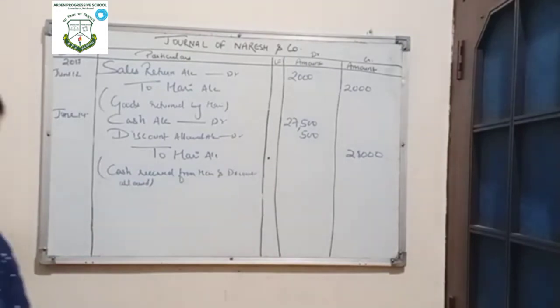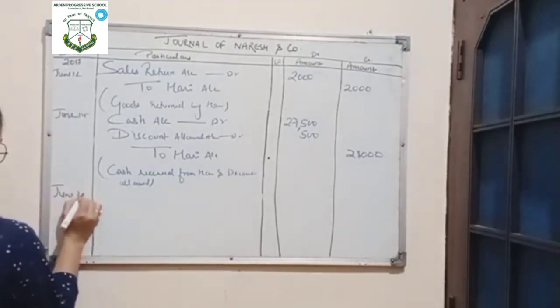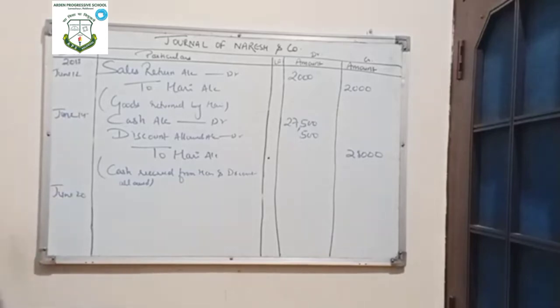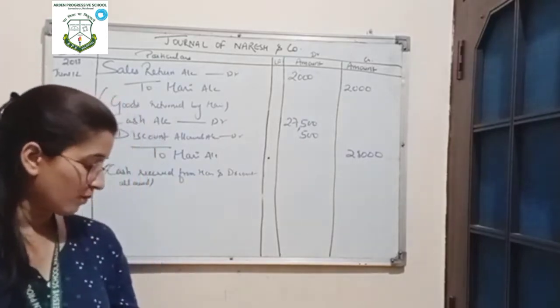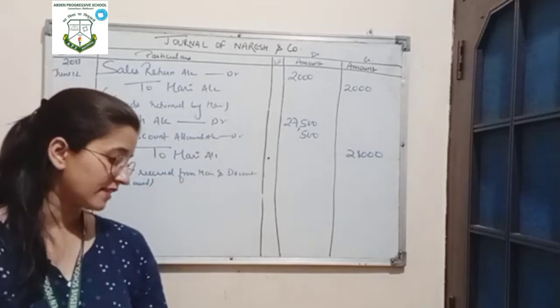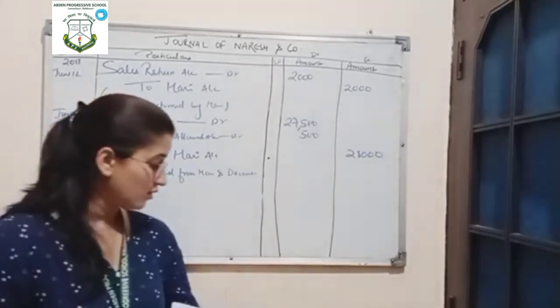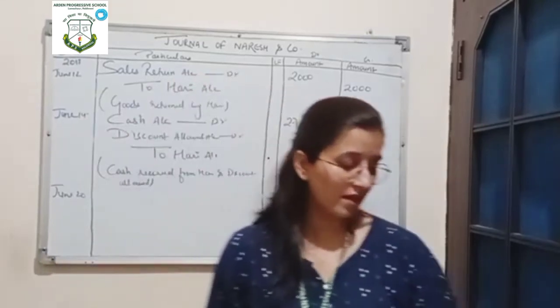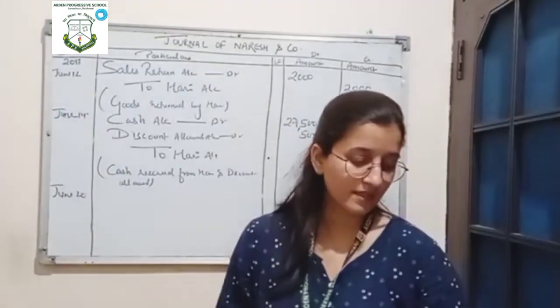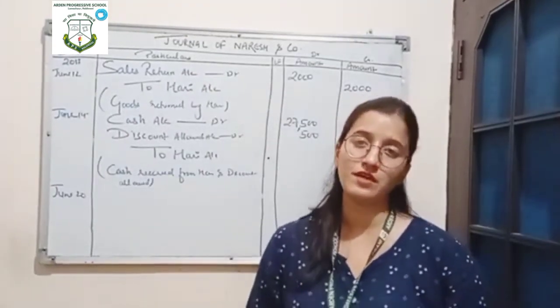Now the next transaction is on 20th June. The transaction is: sold goods to Gopal of the list price 60,000 at 10% trade discount. Now here goods have been sold to Gopal for rupees 60,000 less 10% trade discount.